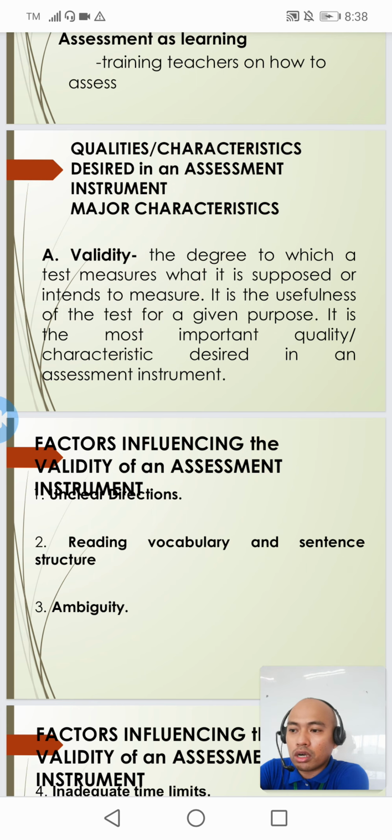Next, there are types of validation techniques that we can derive. One of which is face validity, which is the most basic method in checking the validity of an assessment instrument. We often call it logical validity.